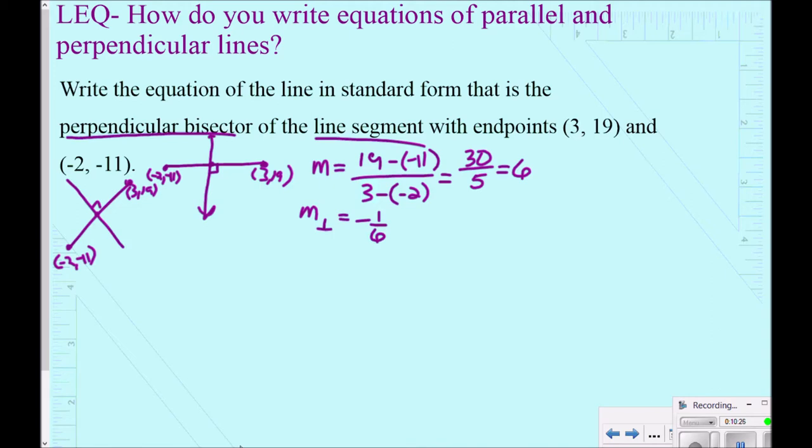So next, we're going to figure out what the midpoint of this line segment is. I not only need a point to go with the slope to come up with the equation for the line, but I specifically need the point to be the midpoint. So you have to remember how you calculated midpoint.